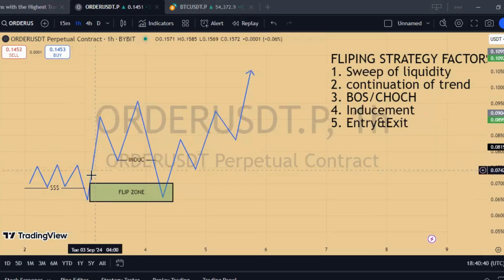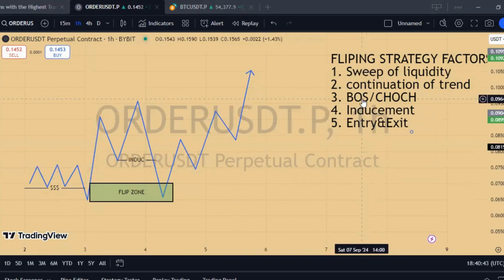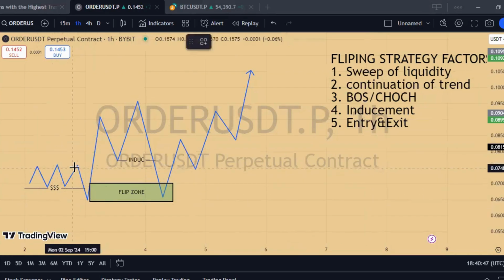There must be a fair value gap here, giving us a break of structure, or you can call it a change of character. Either is possible. If this happens to be a downtrend, you should know that this is not a change of character. But if this is just a continuation of the uptrend, this is just a break of structure. This is just a simple thing. Here should be either our change of character or break of structure.